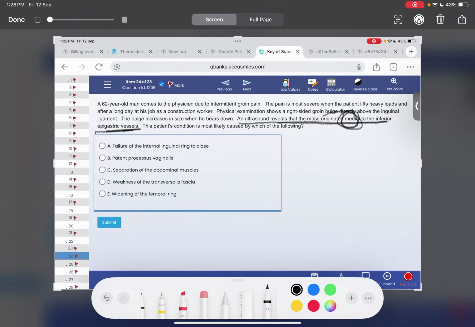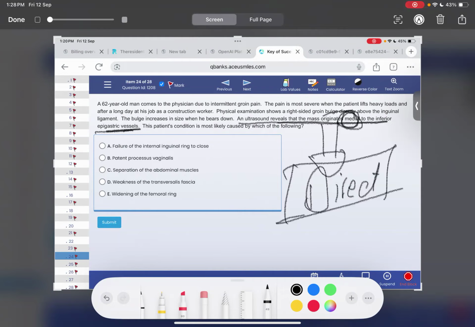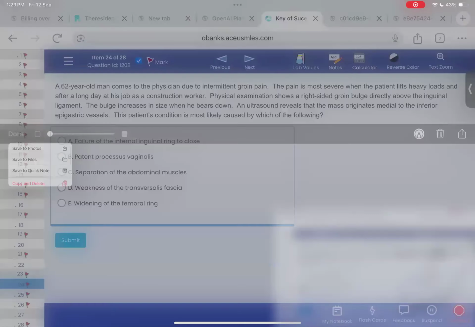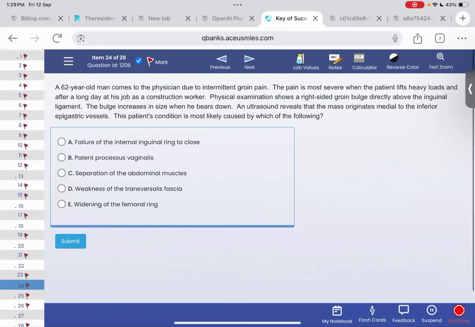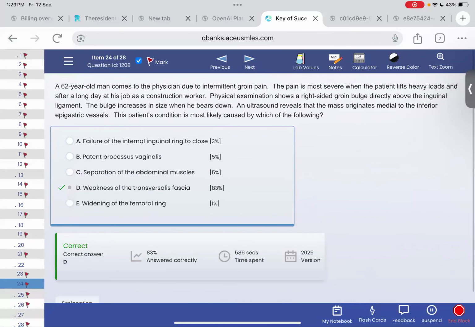What type of hernia do you think? Direct. I think you have cleared your concept. The cause of this direct hernia is weakness of the transversalis fascia. Have you got the point? Yes. So you can directly go and click on this option. Okay, sir, perfect.